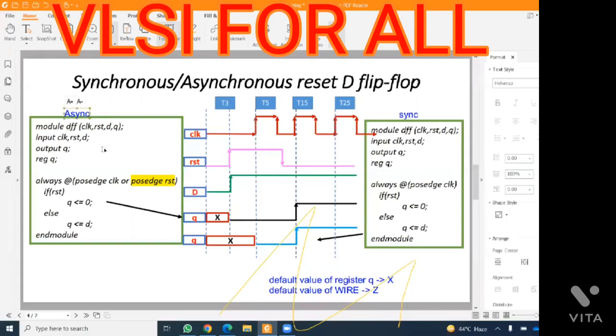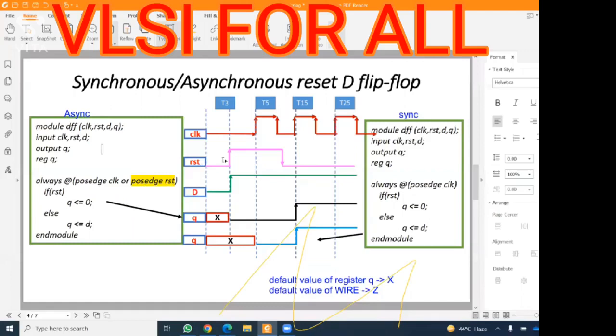In asynchronous, my code says that whether there is a positive edge of a clock or there is a positive edge of reset. So when I checked this, there is no positive edge of a clock. There is a positive edge of a reset. This code got triggered. Now, because there is a positive edge of reset here, let's enter into this code.